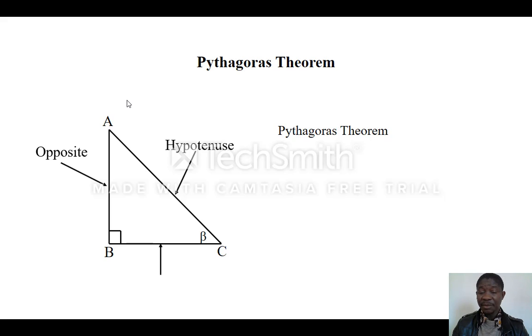Then we have the length BC being the adjacent. Therefore, Pythagoras concluded that the length AC squared is equal to the length AB squared plus the length BC squared. This is what we refer to as Pythagoras theorem.